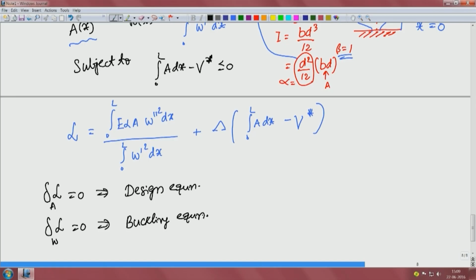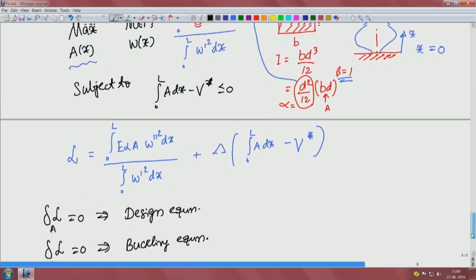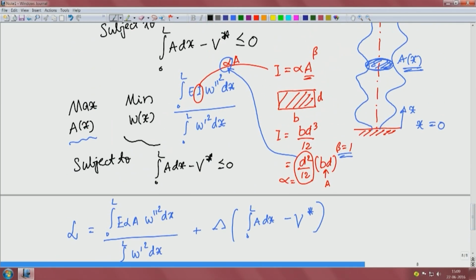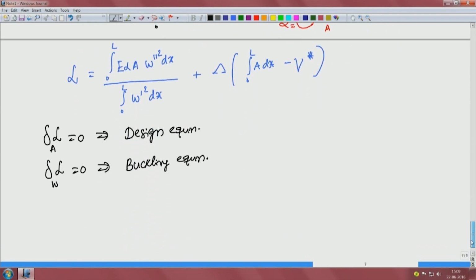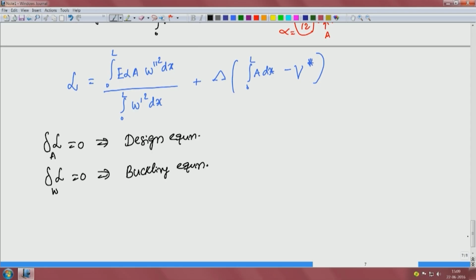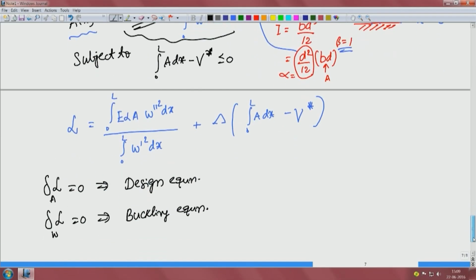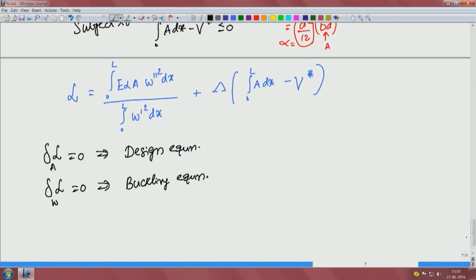We did not write the governing equation separately, we parceled it into the objective function. That will give you the P critical, the minimum value, and the corresponding W is going to be our buckling mode shape. And then we have the volume constraint, the complementarity condition and all of that.